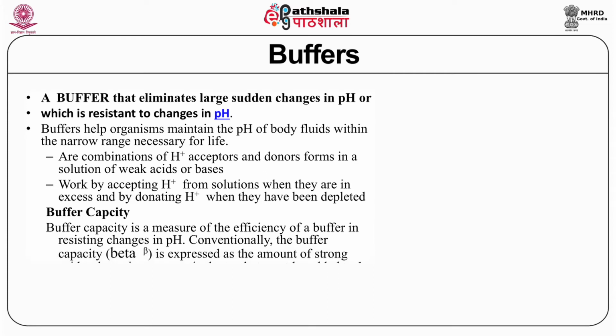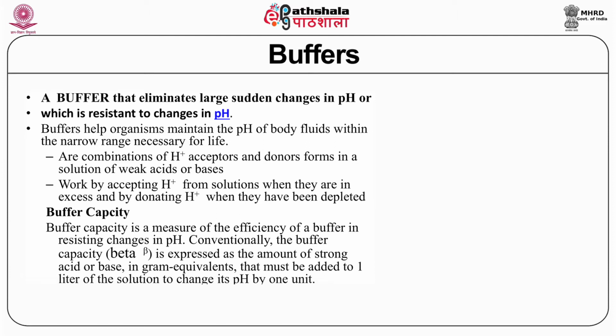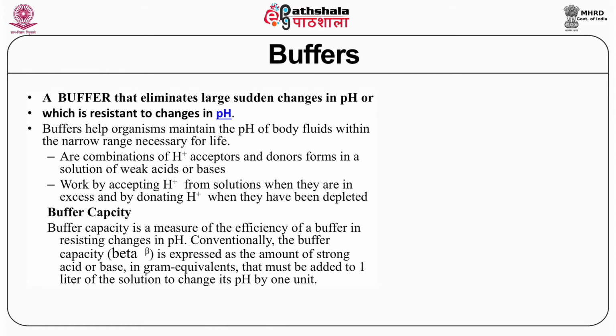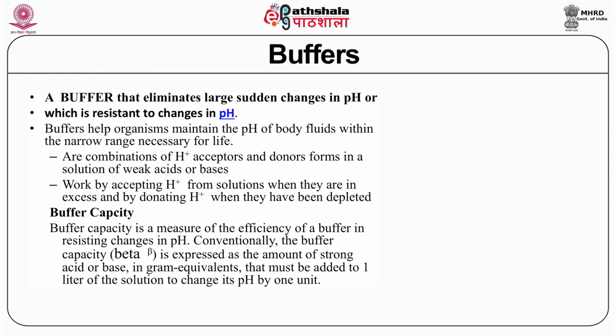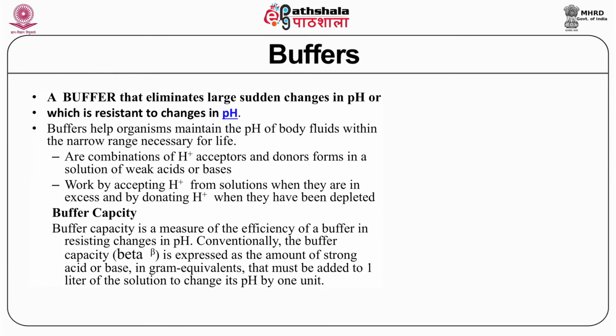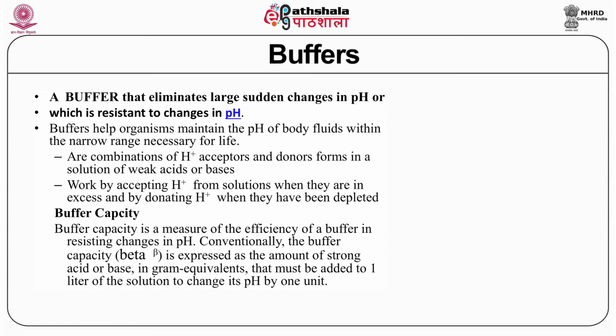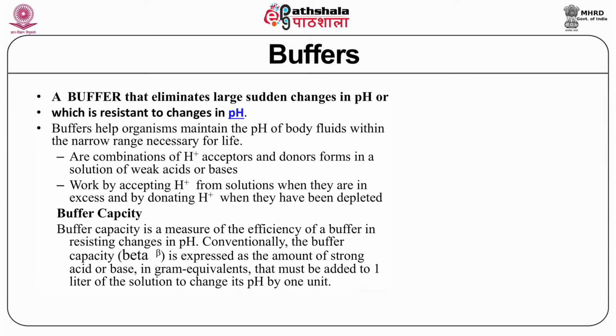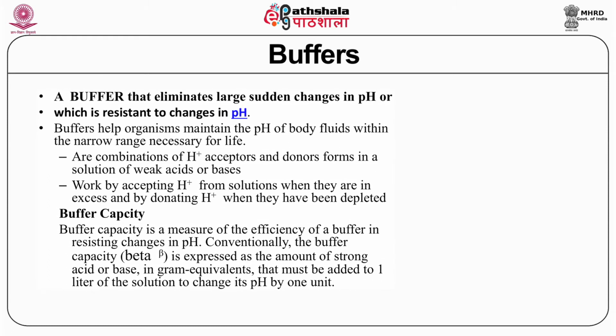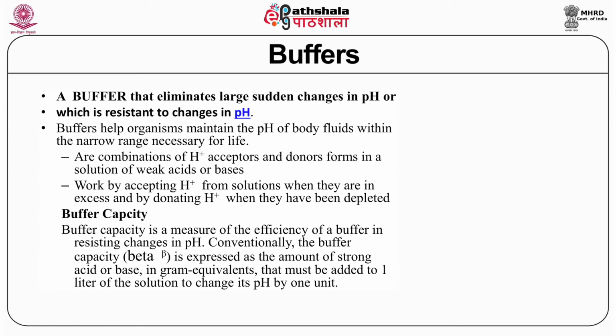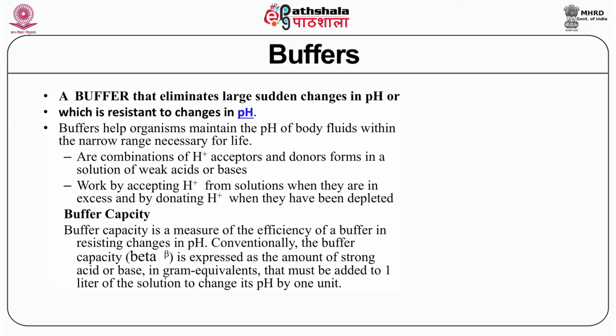How does it maintain it? It resists change because it can act as a sink for either hydrogen ions or hydroxyl ions, and therefore it maintains the pH at the given adjusted pH. Each buffer has its own range of pH where it can be used.